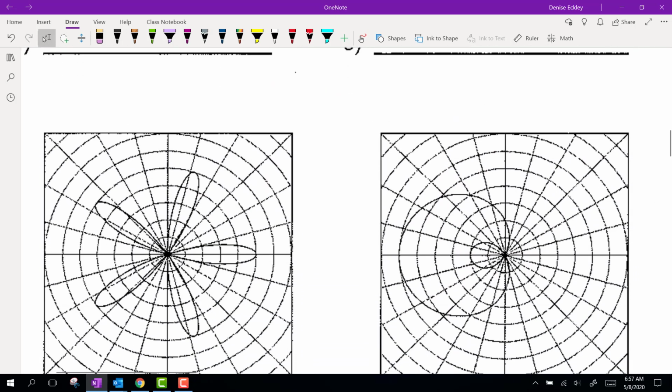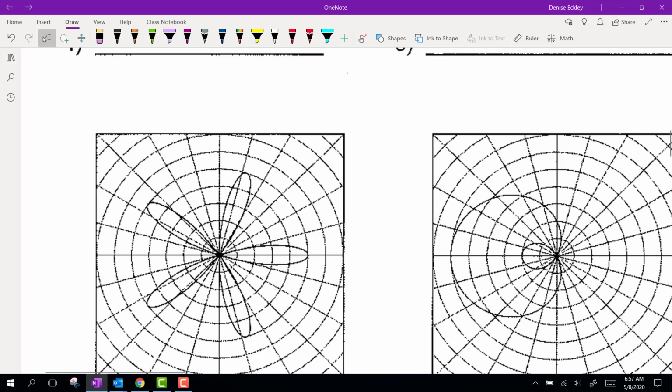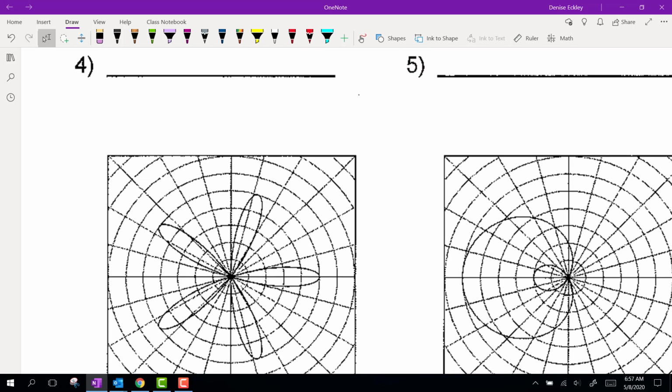So the next one then is a rose curve. So you want to notice that it has 5 petals. So that's going to be our n. Whenever you have an odd number of petals, in this case, n is going to be 5. Now the other thing you want to notice is how it's oriented and the length of the petals. It's always going to be cosine when one of the petals lays along the x-axis, which this does.